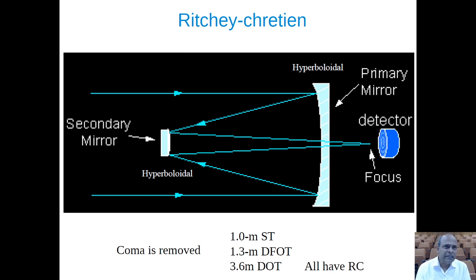Now the Ritchey-Chretien configuration, this is used in modern telescopes. In fact, all the telescopes at ARIES have a Ritchey-Chretien configuration. In this configuration, the primary mirror is a concave hyperboloid, and the secondary is a convex hyperboloid, and then there's a hole at the center. One good thing of this configuration is that coma is removed.